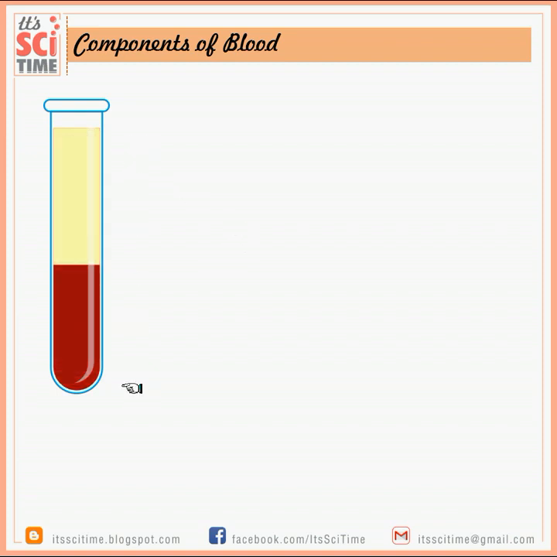When we separate them, normally we can see there are two major portions here. Around 55% is a pale color liquid. We call that blood plasma. And the rest, the reddish color portion, is the corpuscles or the blood cells, containing that 45%.